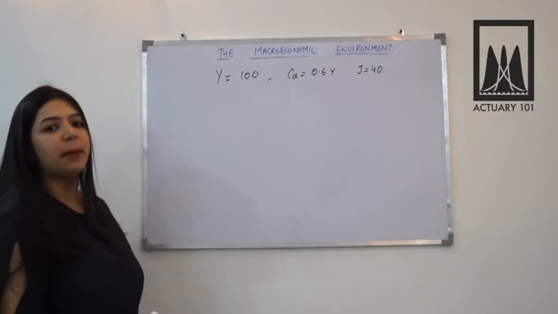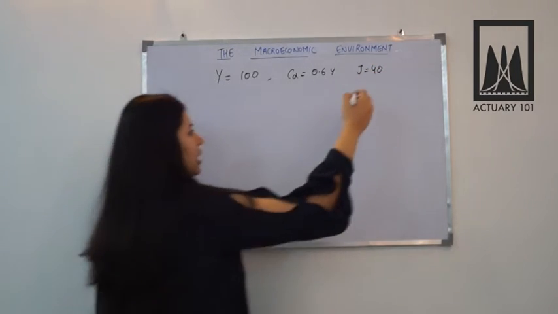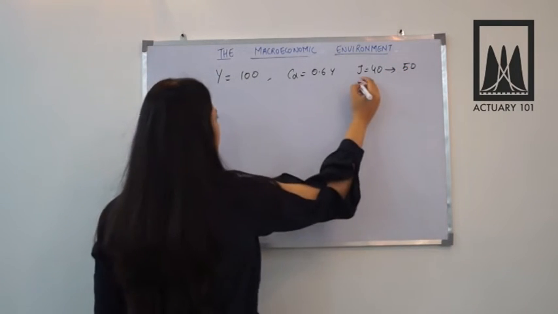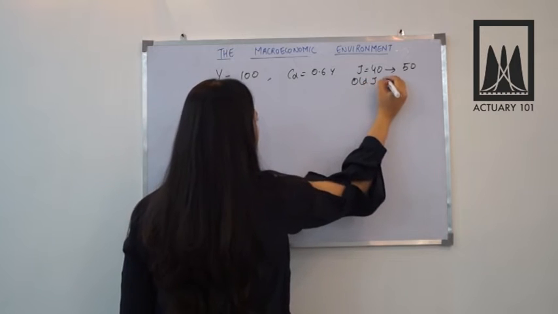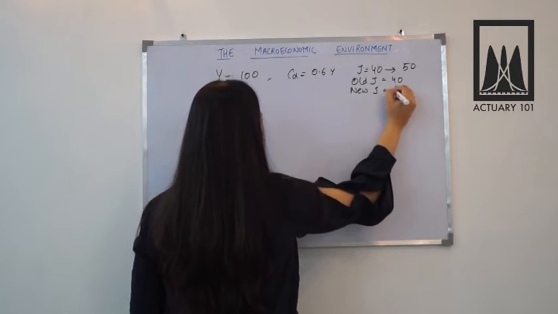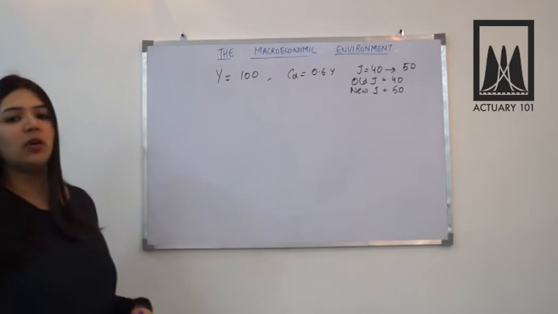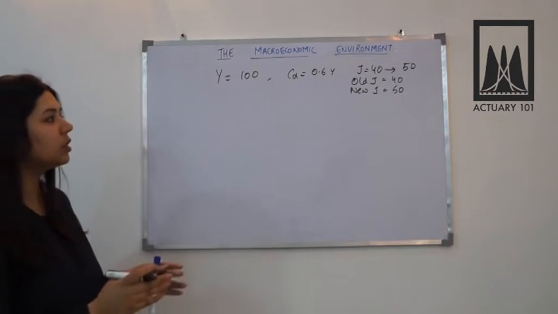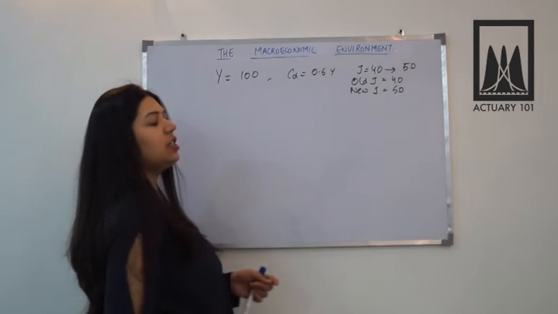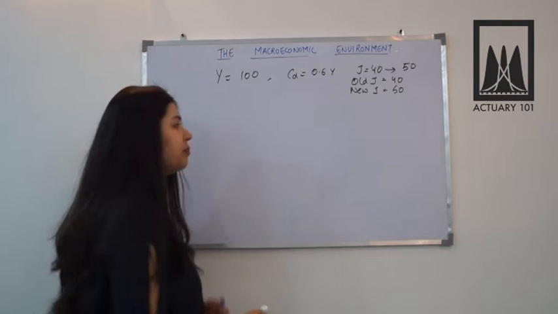Now let's see what happens when we raise J from 40 to 50. So let's say our old J was 40 and new J is 50. So let's calculate the new level of equilibrium of national income when my injections have increased by 10.